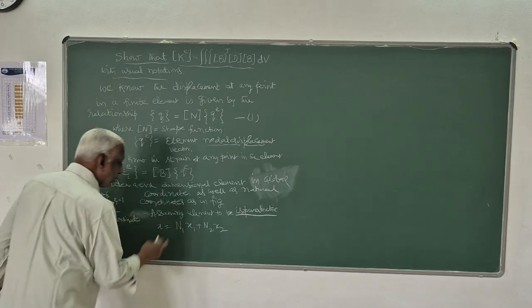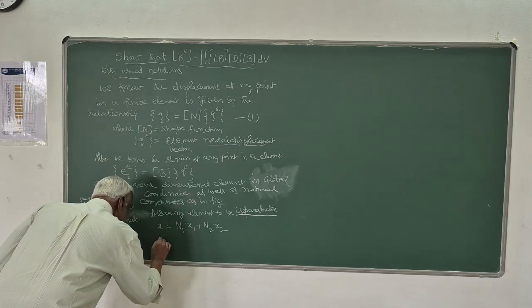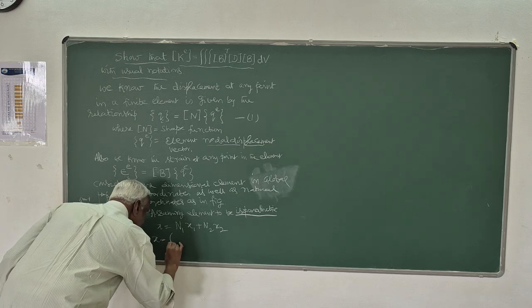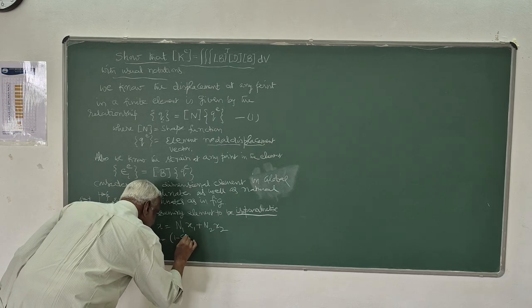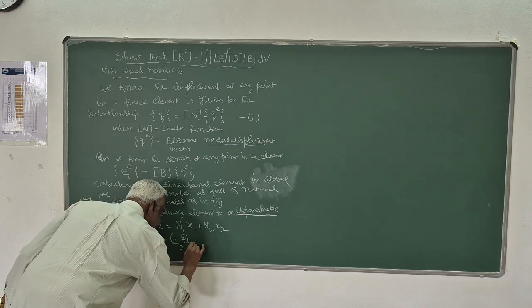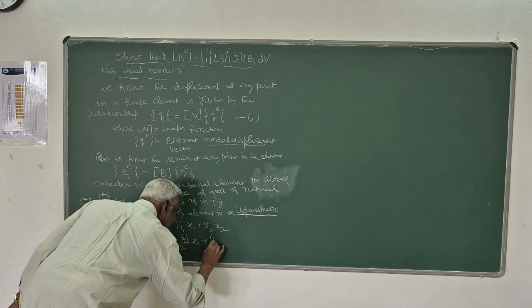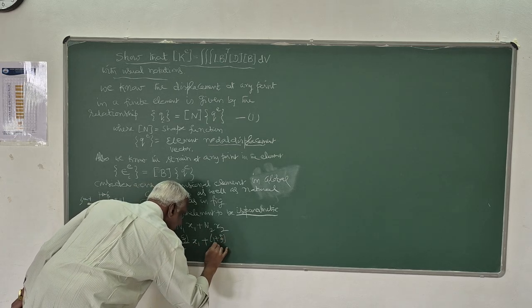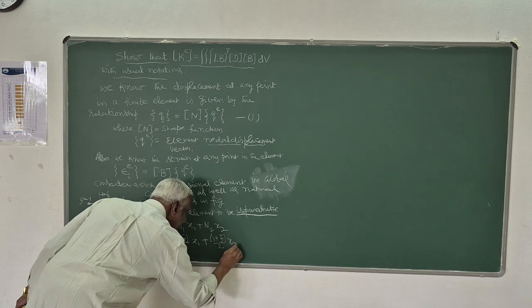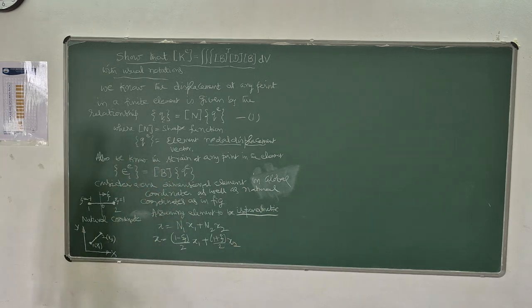This is the isoparametric formulation where x is given by (1 minus psi)/2 times x1 plus (1 plus psi)/2 times x2.